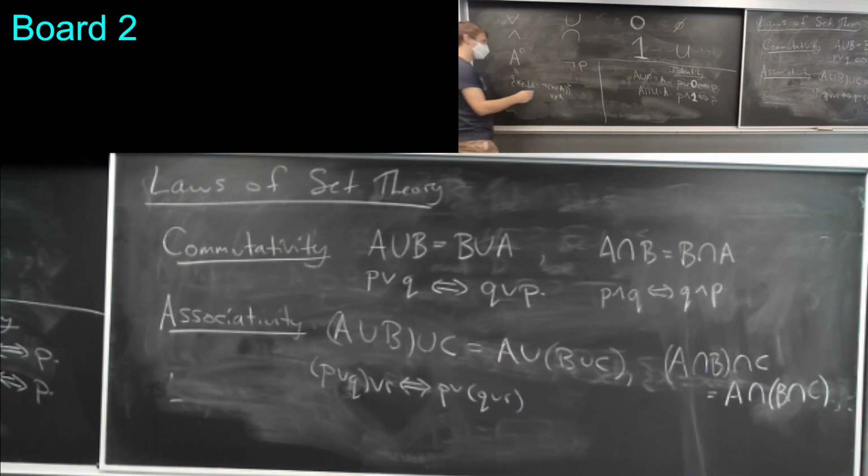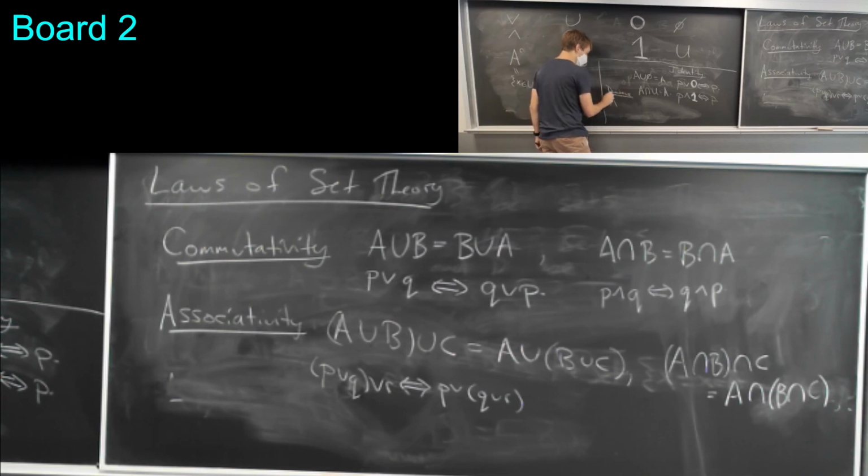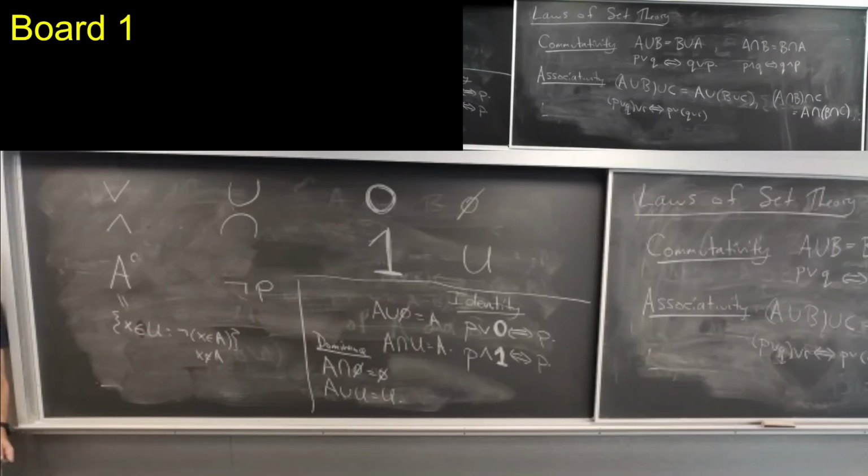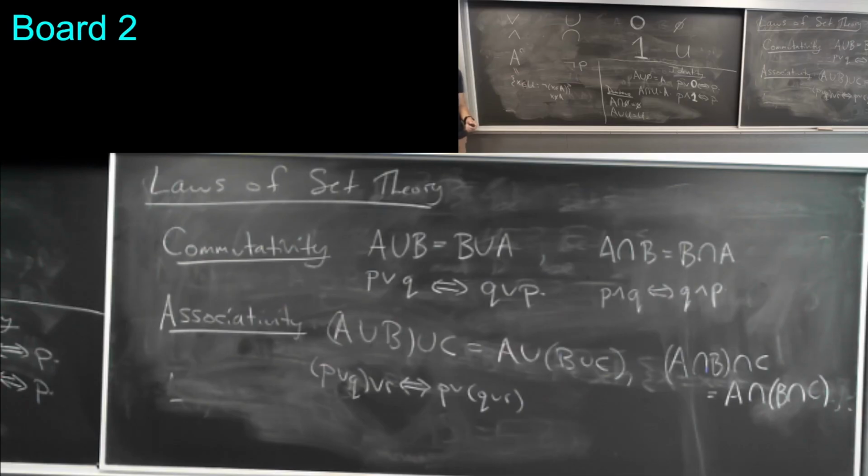And then there are these dominance rules. If I take A intersect the empty set, I just get the empty set. If I take A union the universe, I get the universe. Oh, maybe there's one I missed. Idempotence. Does anyone remember this?